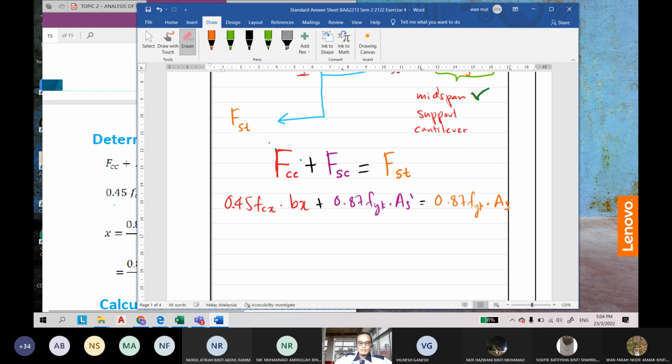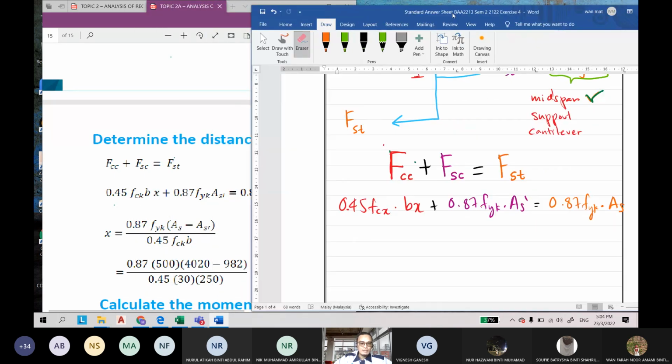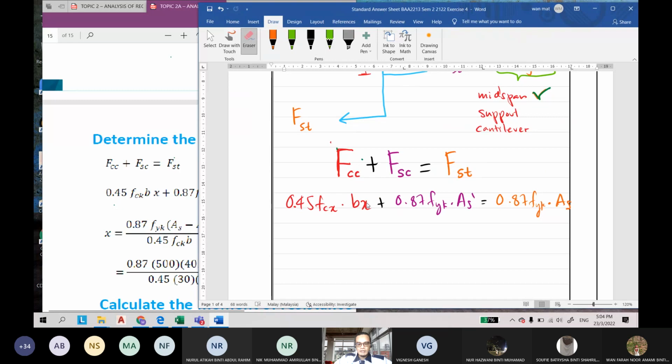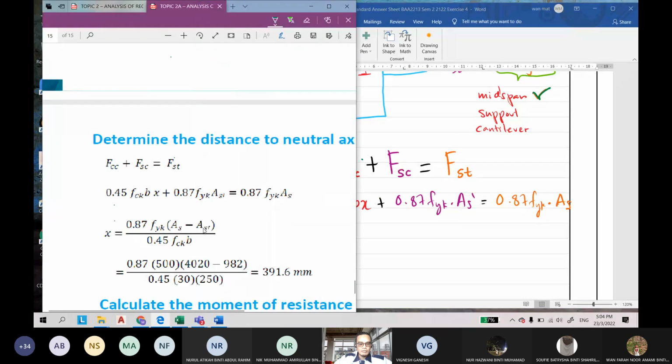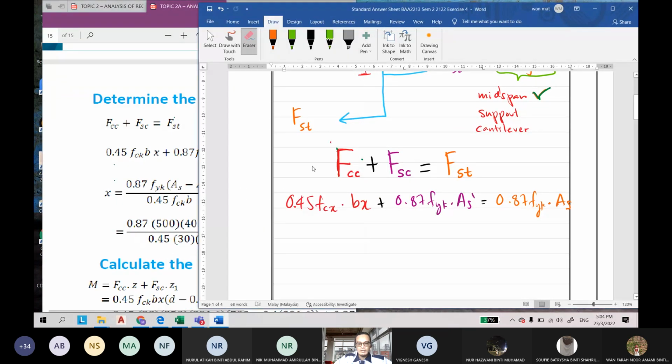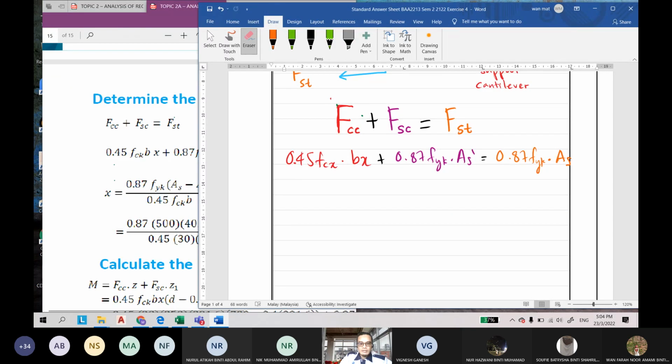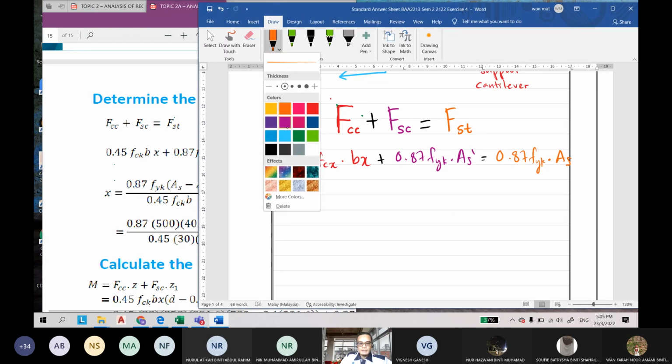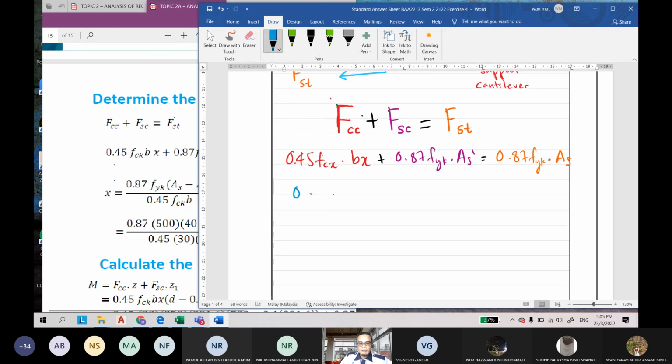So we must write down the equations. We must bring the value of x alone like this. How to do it? Simple. In light blue, 0.45 fck.